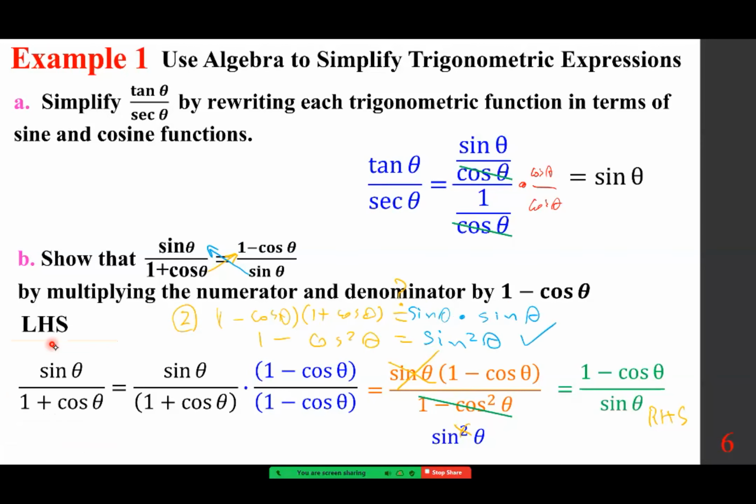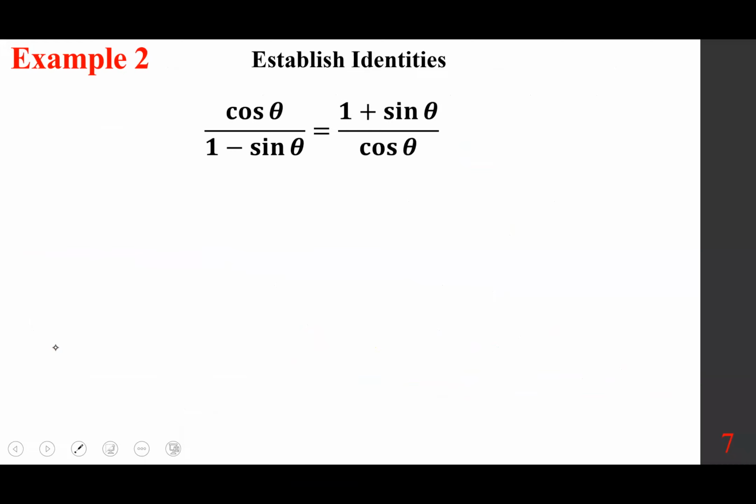So you could do the cross product. Well, we can do the same thing here. We can do the cross product.